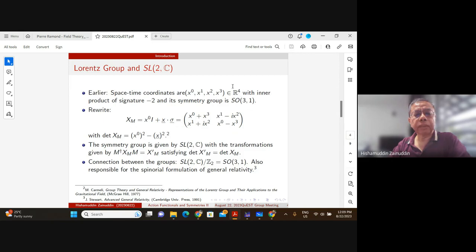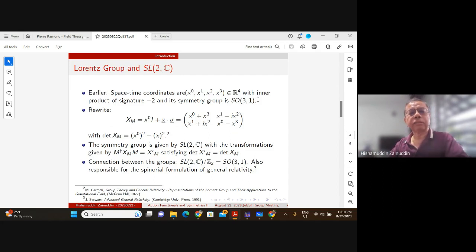If you think of the space-time coordinates as simply R4, and the inner product has signature (+,-,-,-), then the right symmetry group is the Lorentz group, or the special orthogonal group SO(3,1). Now, this doesn't give you a way of introducing the intrinsic variable of spin.